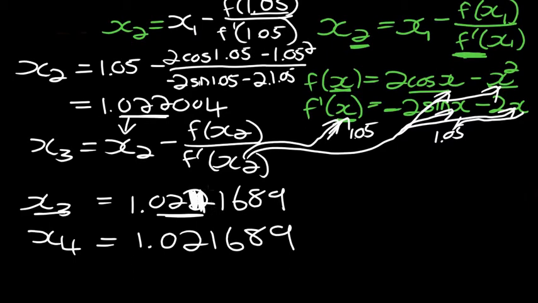Now you will see that the first 5 decimal numbers are the same, and you can stop there.